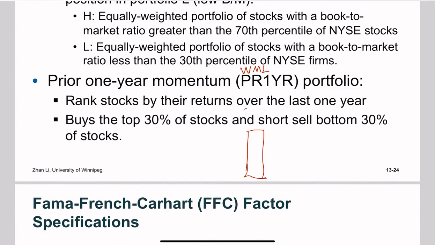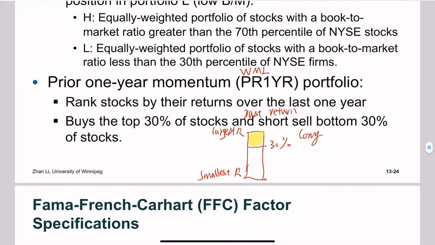So let's say you're ranking these stocks from the largest past returns to the smallest past returns. And then you will put a long position in the top 30%.